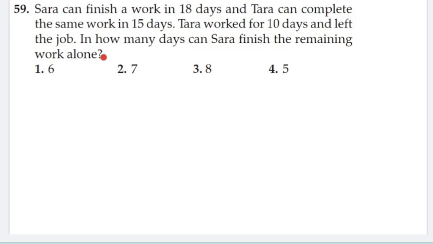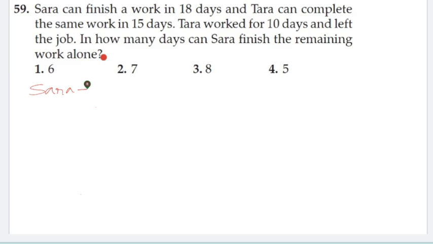Here the time required for work for Sarah and Tara is given. For Sarah, the number of days required is 18.